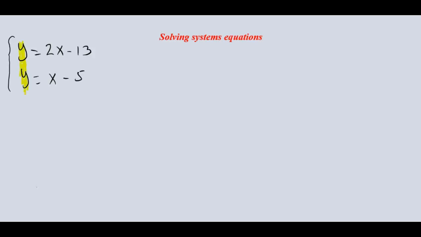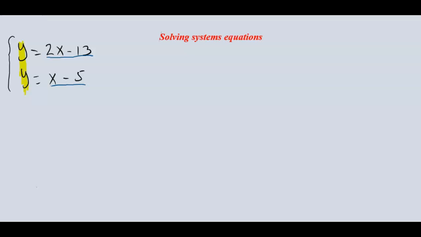And that's very important. If you already have the same variable isolated on both equations, then you can just go ahead and set both of them equal to each other. So you're going to take 2x minus 13 and make it equal to x minus 5.